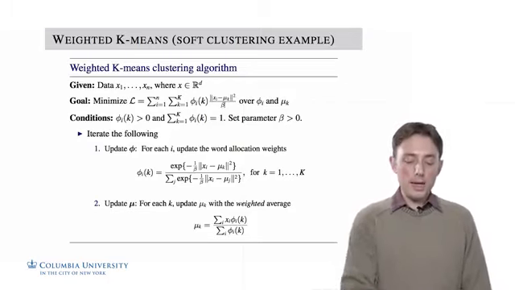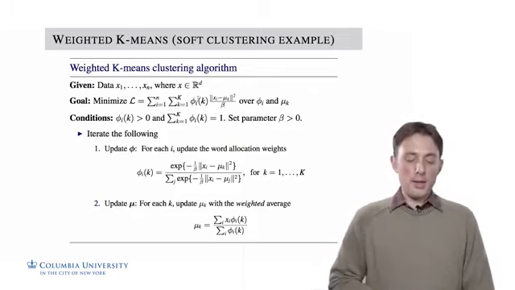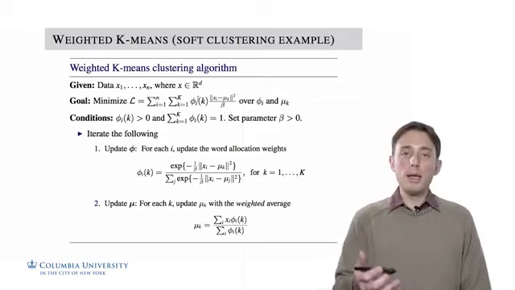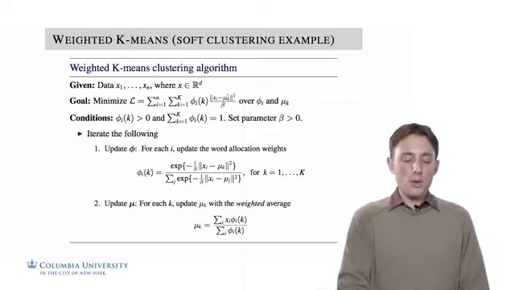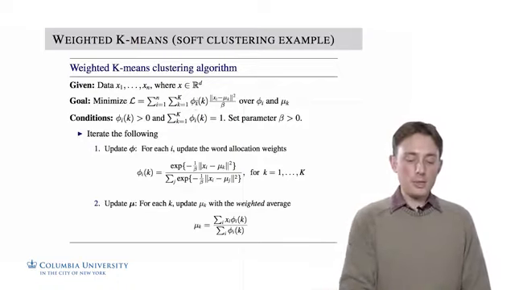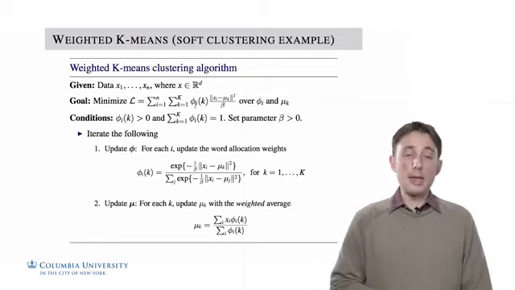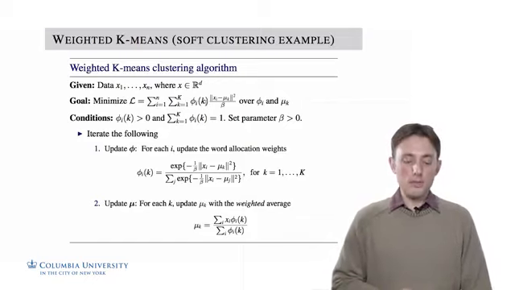But now we divide that by a value beta that's positive, and instead of multiplying it by an indicator that says that xi was assigned to cluster k, we multiply it by a weight phi subscript i, where the subscript i indicates the data point we're looking at, evaluated at k, which indicates the cluster we're considering.